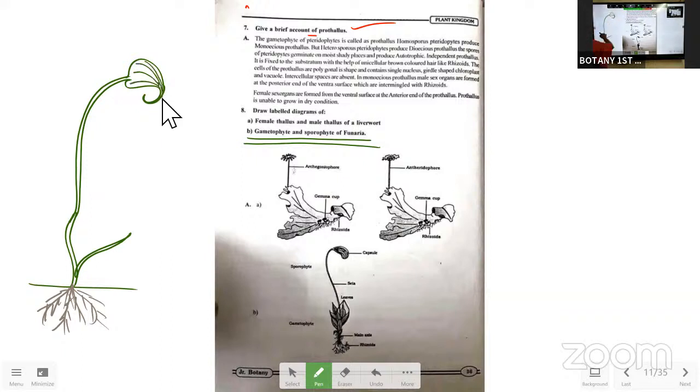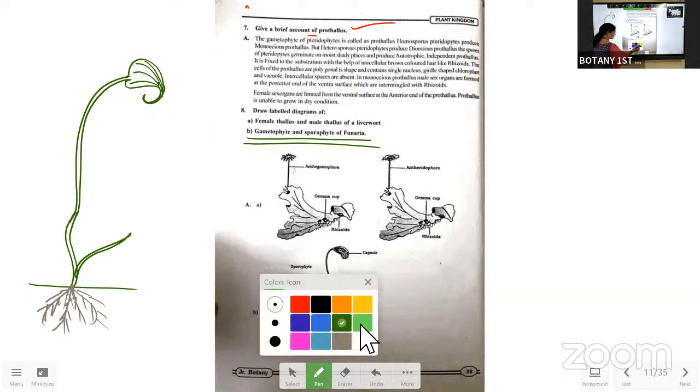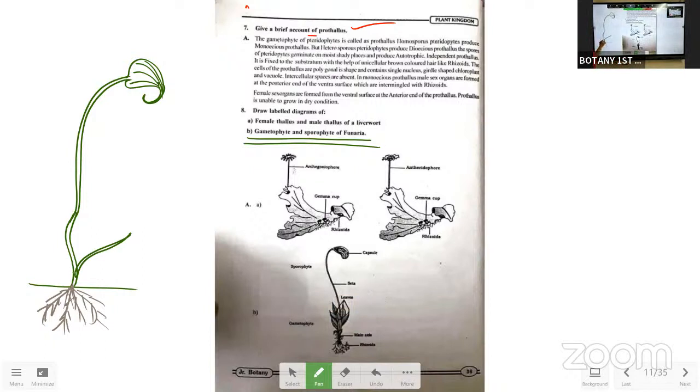That is the beauty of funaria. We should not spoil the beauty of funaria. Okay. Now what we have to draw is the leaves. Like this. And you can see in the diagram the midrib-like structure.